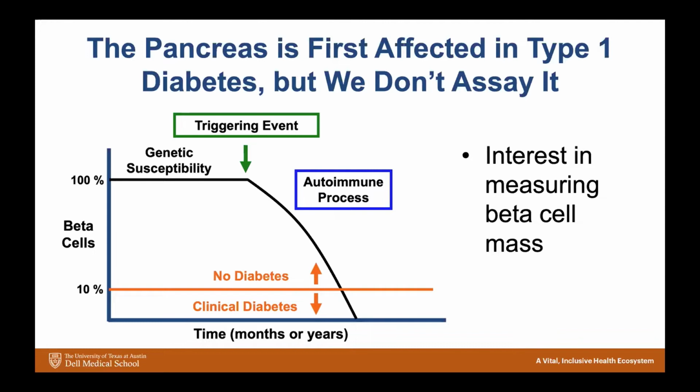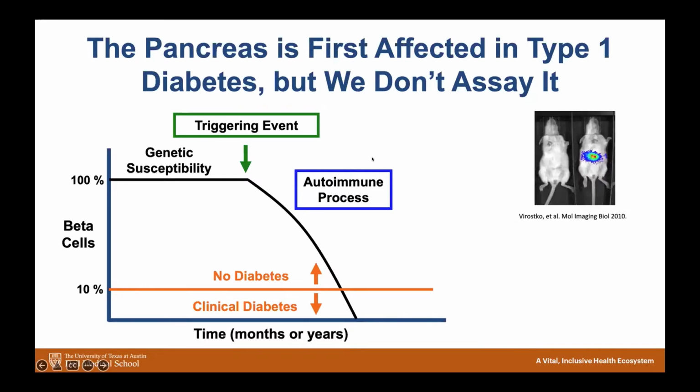So an endocrinologist approached the group I was working with and said, hey, I have this interesting imaging application where it would be really useful to image beta cell mass. And he showed me a model, probably very similar to the one here, conveying to me that it would be a really useful clinical tool to be able to monitor and image beta cell mass.